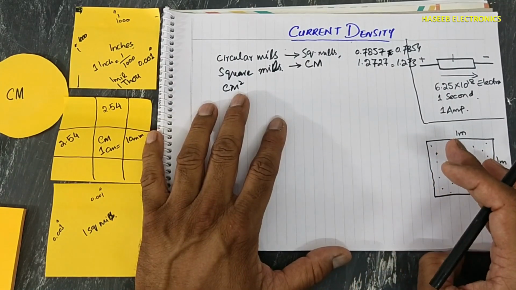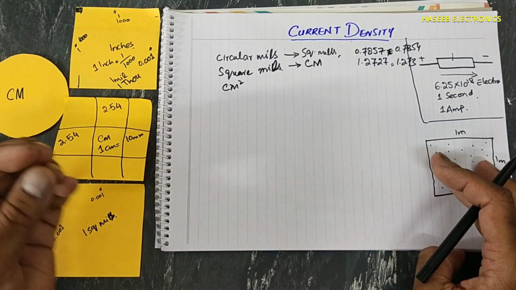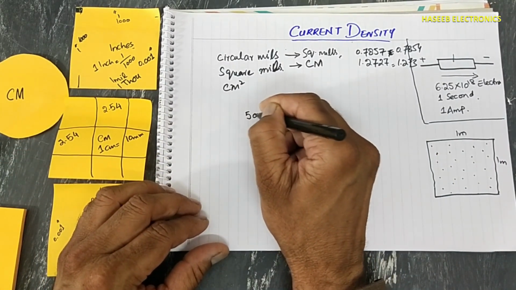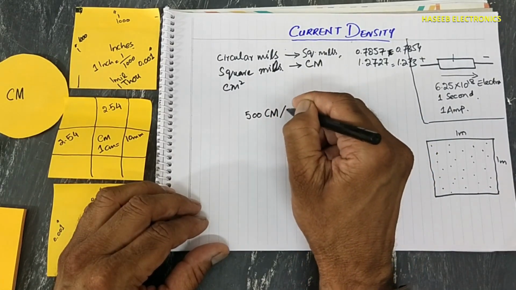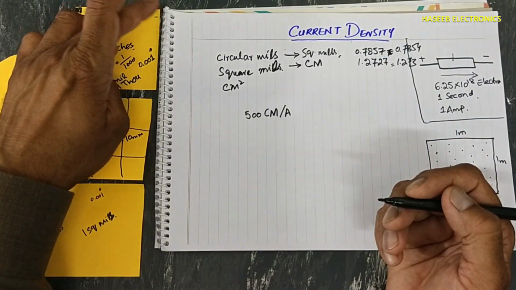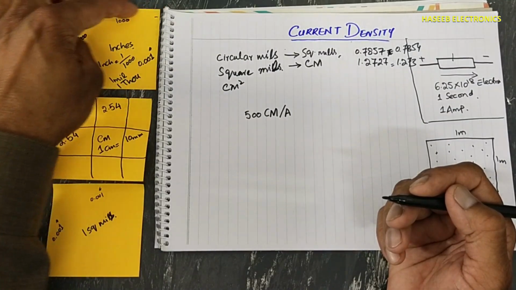Now when we see the wire data sheet for magnetic design, 500 circular mils per ampere current is recommended. Here we have square mils, 1000 in this area, 1000 in this area.